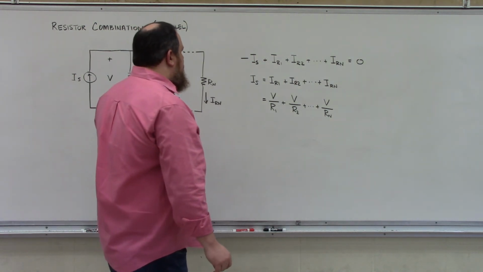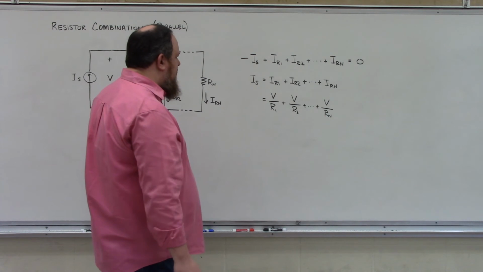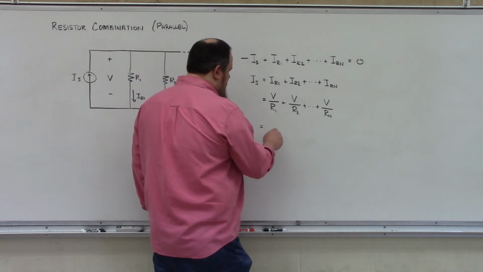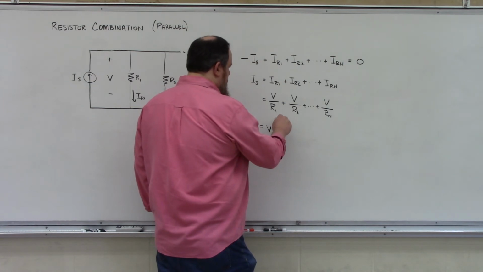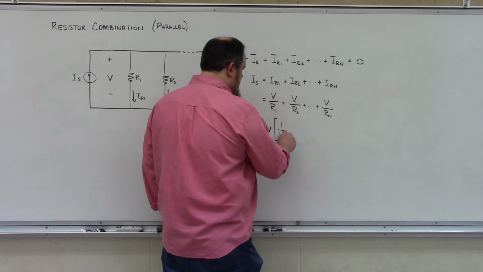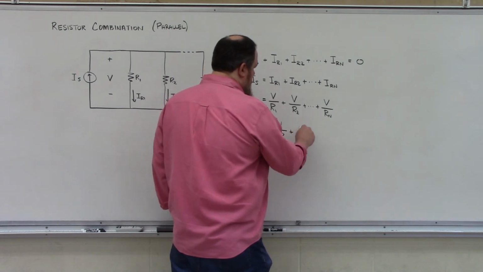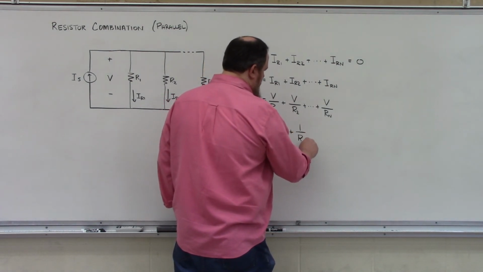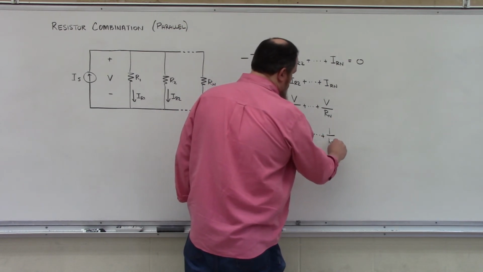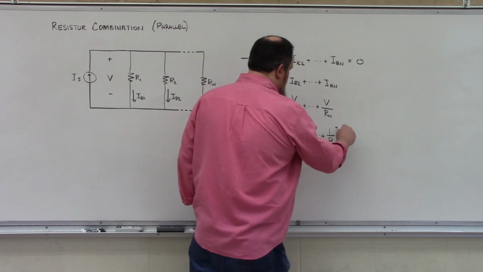There's a common factor of V in all of the right-hand side expression, so I can factor that out, and what I'm left with is V multiplied by 1 over R1 plus 1 over R2 plus 1 over Rn.